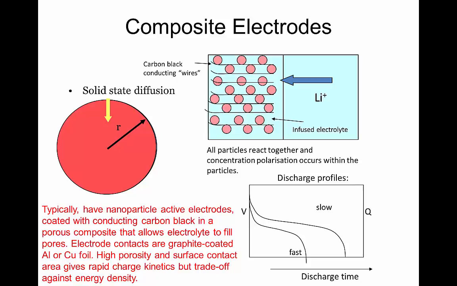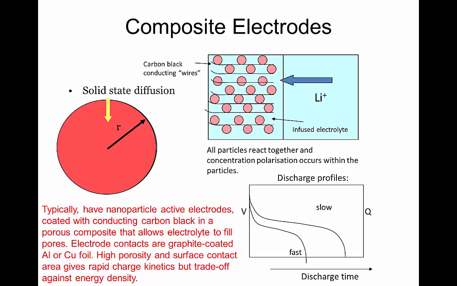One consequence of that, though, is that there is a trade-off between achieving rapid kinetics of the charge-discharge processes and the energy density that one can get from the battery. The diagram at the bottom right shows schematically the discharge profile against time for our battery. We have voltage, or quantity of electricity passed, depending on what we're plotting, on the vertical axis, against time.